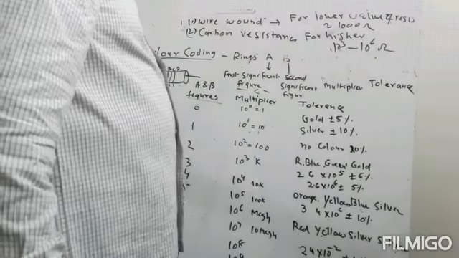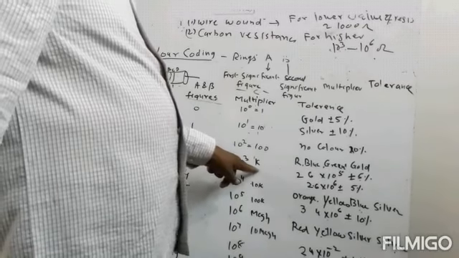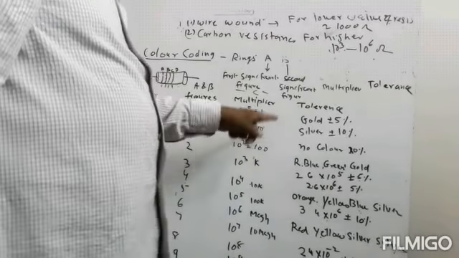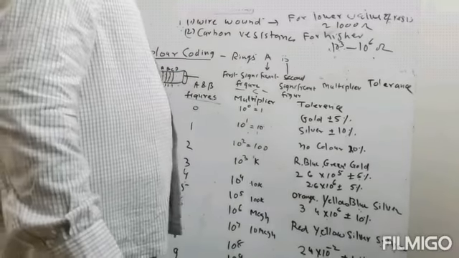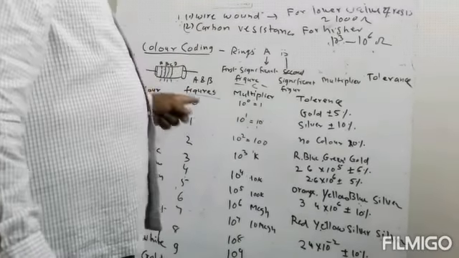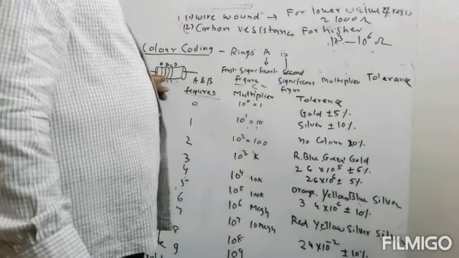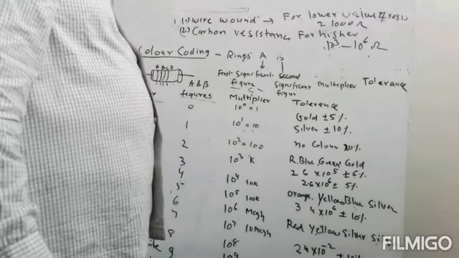And if the color is orange, then 10 power 3, that is equal to 1k. And similarly we can show this here. The A and B rings are the significant numbers, whereas C is the multiplier and 10 to the power according to the color.